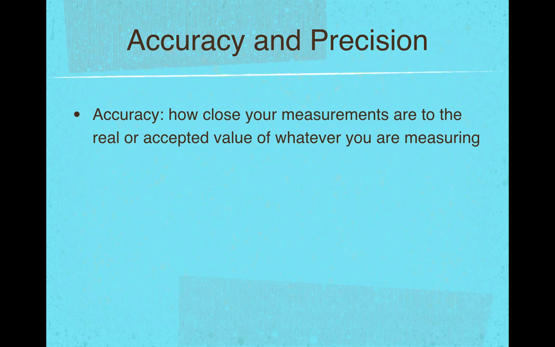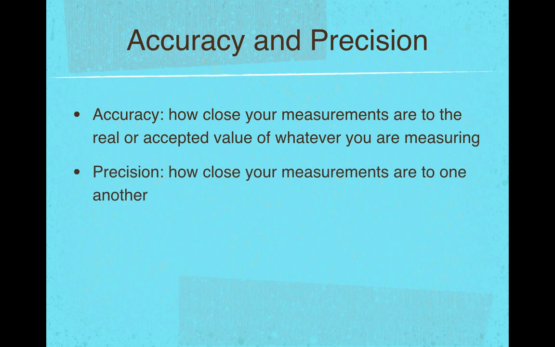If I know something masses 100 grams and I put it on the balance to mass it, and I am getting 99.9 grams and 100.1 grams and maybe even 99.8 grams, I am measuring accurately because I am very close to what it's supposed to mass at, that 100 grams.